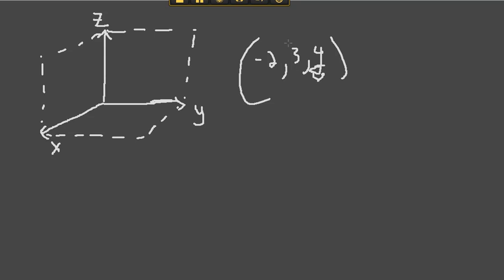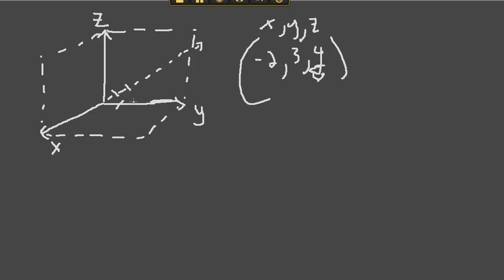To plot this point, remember this is going to be your x, this is your y, and this is your z, correct? Well, x, remember this is your positive direction, so watch what I'm going to do. I'm going to continue this out this way. That's your x. So I'm going to go -2, put some marks, go out 2. I'm going to go +3, this direction for the y.